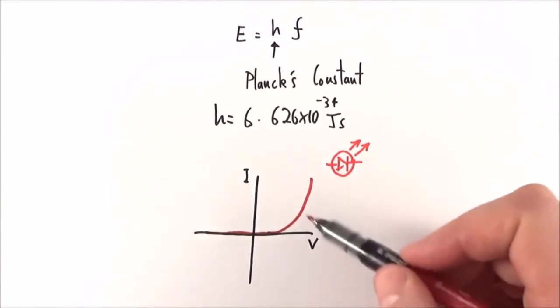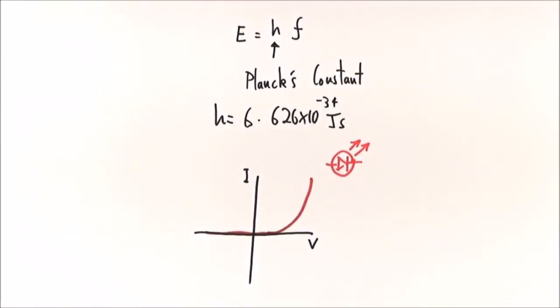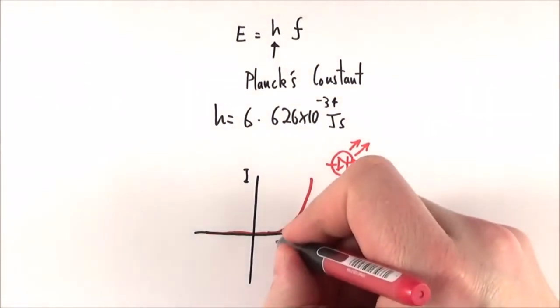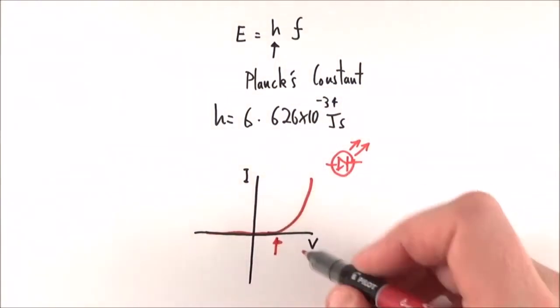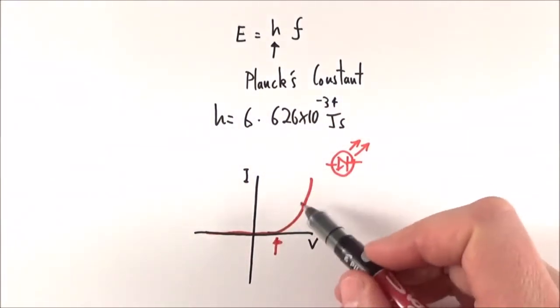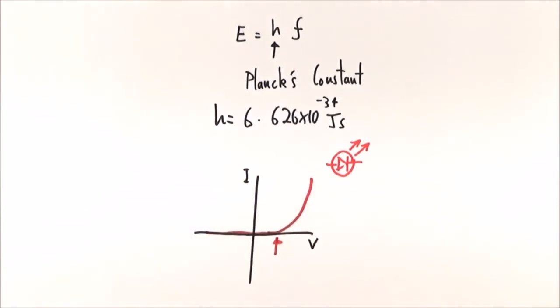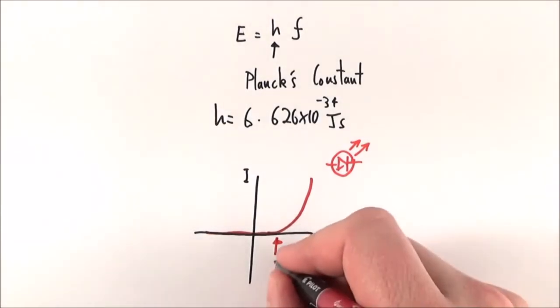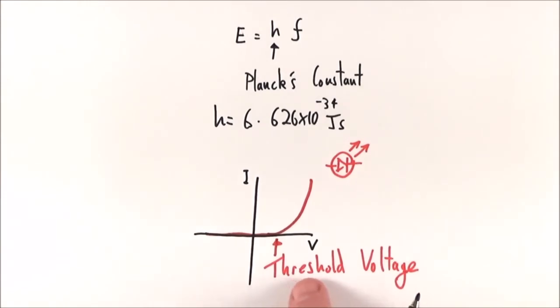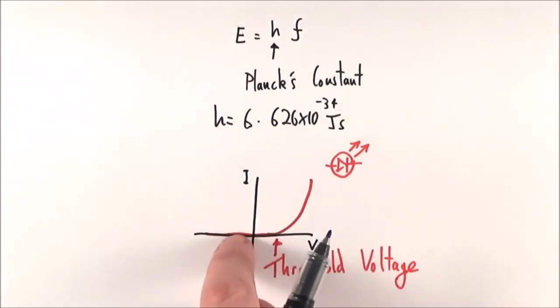So it's basically this kind of one-way valve that only lets current flow in one direction. But the important thing is that there's a certain potential difference or a certain voltage at which it allows current to flow. And this is called the threshold voltage. So this threshold voltage is a value below which no current will flow through that diode.